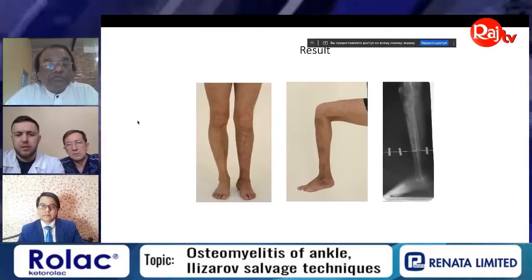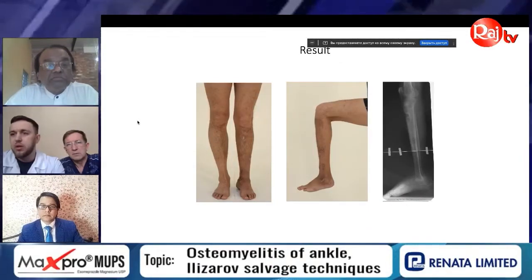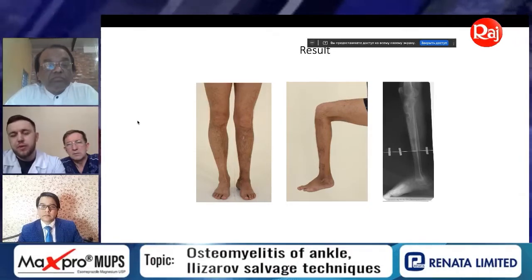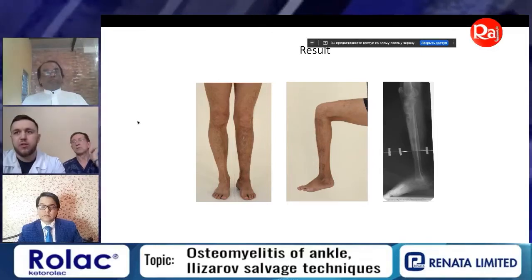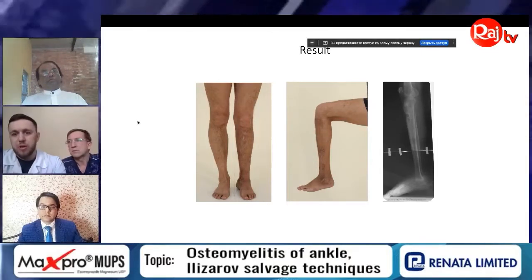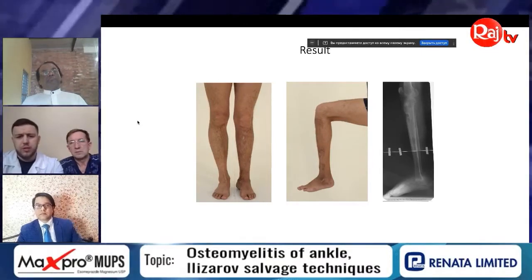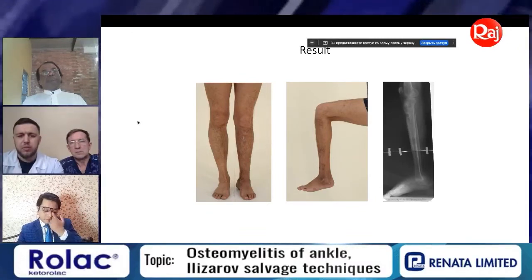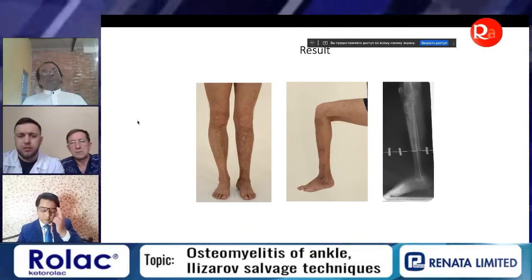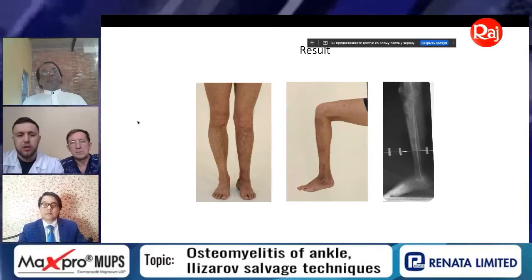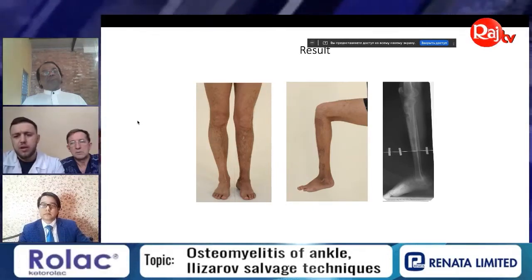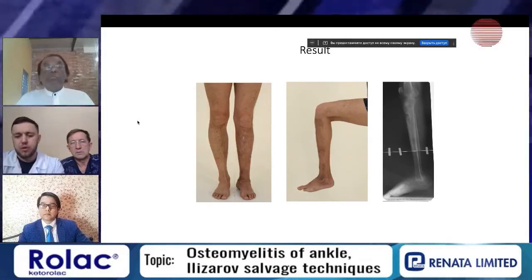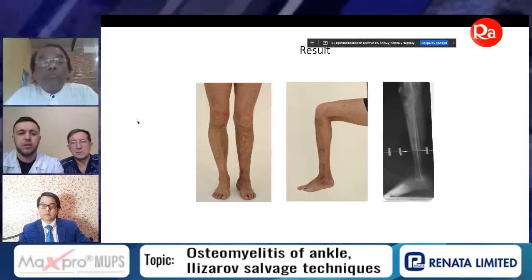The total time of fixation in the Ilizarov frame was 2 months. After removal of the device, the patient had no recurrence of infection and can walk with lateral shortening and with full pressure on the operated limb.